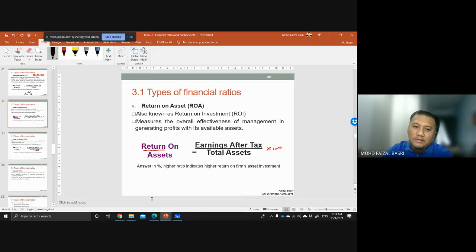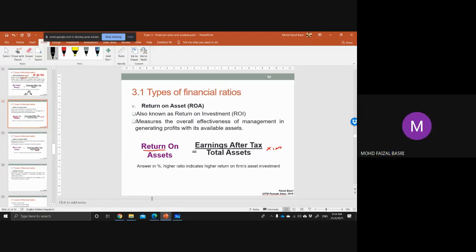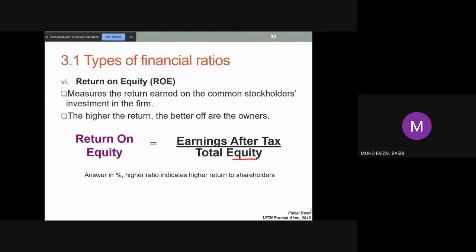So ROA shows the effectiveness of management in generating profits, which is net profits, using the availability of their total assets. Okay, so that's the final ratio for the fourth category, which is profitability.